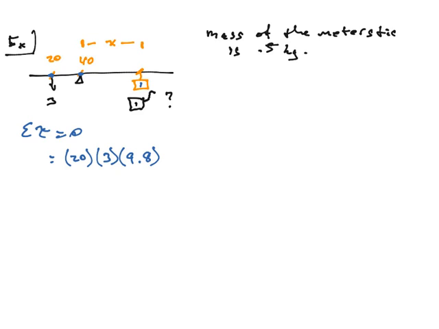Or what's the distance? The distance is x. From 40 to wherever he is x centimeters away. So it's a distance of x. What's the force? Well, it's 1 times 9.8. Is he positive or is he negative? Well, if the fulcrum is there and I pull down at the 1, pull down here, that makes my seesaw want to go clockwise, so he's negative.